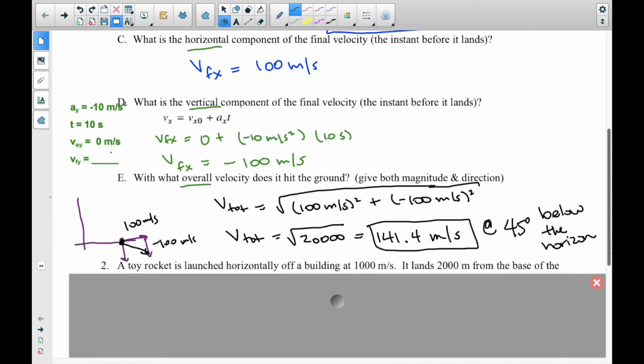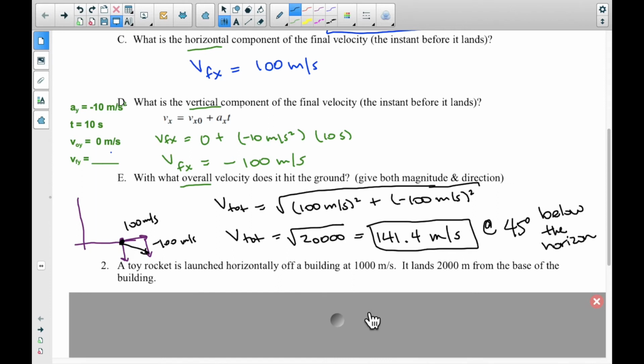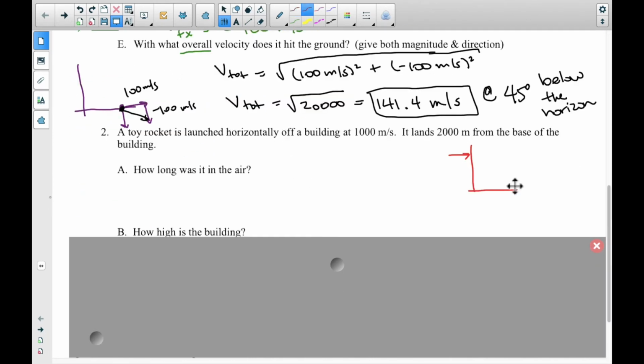All right, that example was one where we were given some information and we had to find the velocity. The next question is similar, but it is not velocity. We're going to be looking at some other things. So let's take a look. This time we have a rocket, and the rocket gets launched horizontally off of the building at 1,000 meters per second.